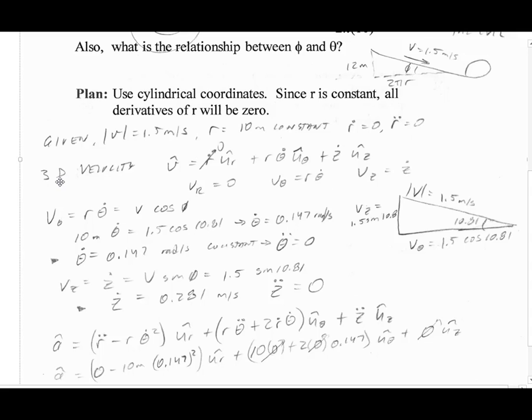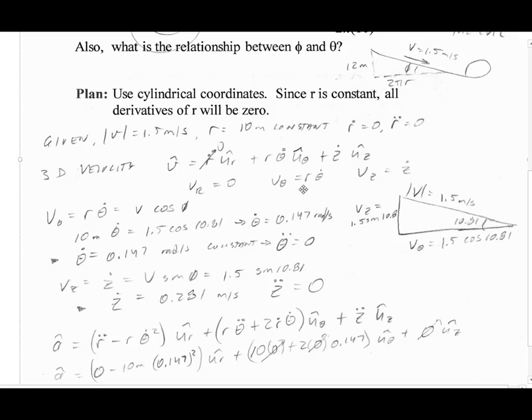Our equation for three-dimensional velocity in the cylindrical coordinate system: the velocity vector equals r dot u_r in the r direction. Well, that's 0. Then we have r theta dot in the transverse direction. Then we have a z velocity in the z direction. So our velocity in the radial direction, since the radius is not changing, is just 0.